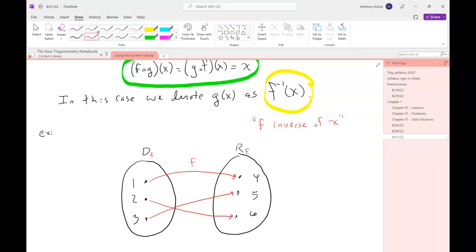Everybody okay with that? If we have some function f inverse, the range for f will be the domain for f inverse, and the domain for f would be the range for f inverse. And what f inverse needs to do is undo everything that f just did.